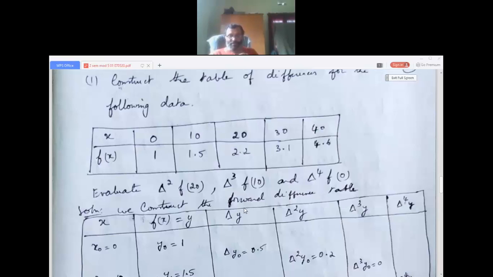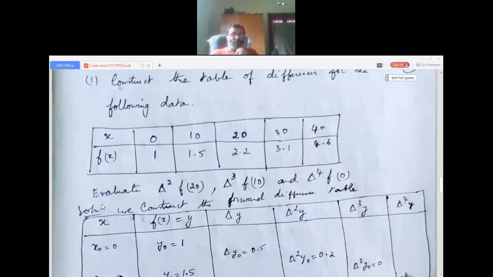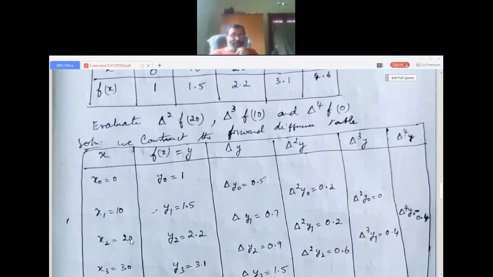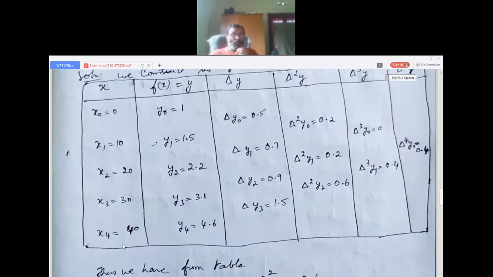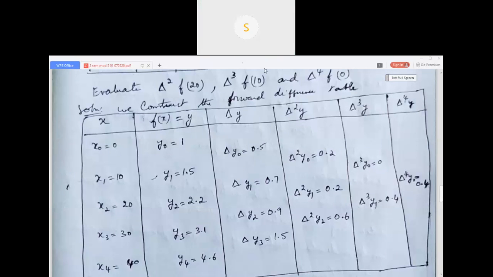So here we can see the x values: x0 is 0, x1 is 10, x2 is 20, x3 is 30, x4 is 40. x5 is not given, only till here. Then the second column will be y equals f of x, that is all the entries.